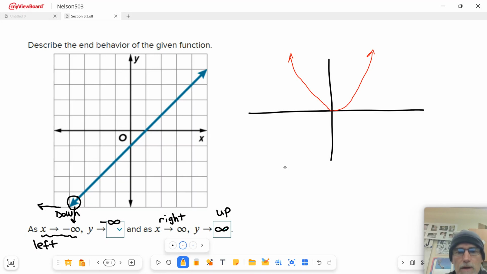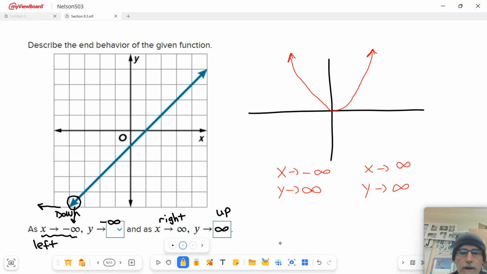So here's the end behavior. As X approaches negative infinity, as it goes all the way to the left, and as X goes all the way to the right, what are the Y values doing? The y value on the left, because the arrow is up, is going to be positive infinity. The y value on the right is going up, so it's going to be positive infinity.